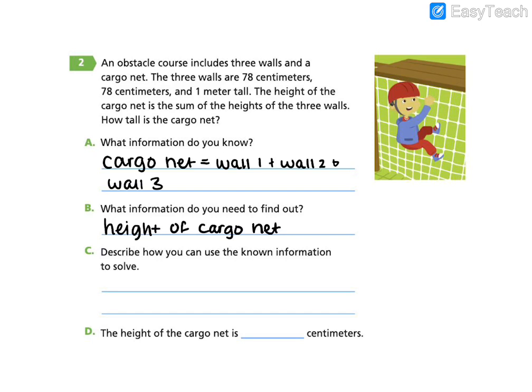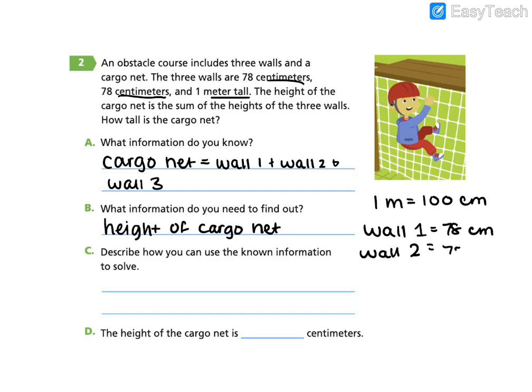Now, we have a couple of different units here, right? We have centimeters and we have meters. So we need to remember that 1 meter is equal to 100 centimeters. So wall 1 is 78 centimeters. Wall 2 is also 78 centimeters.